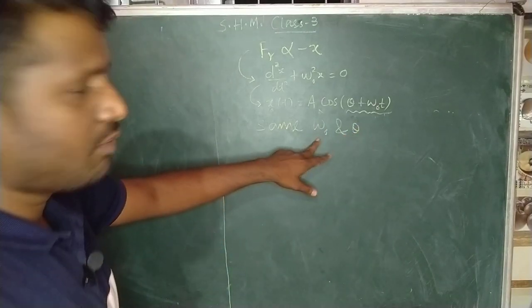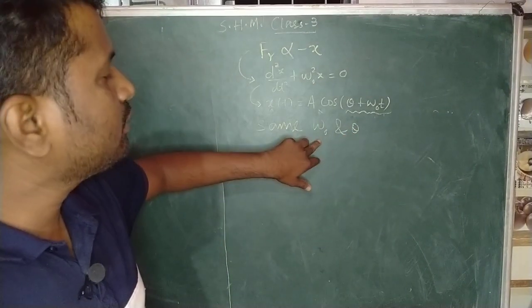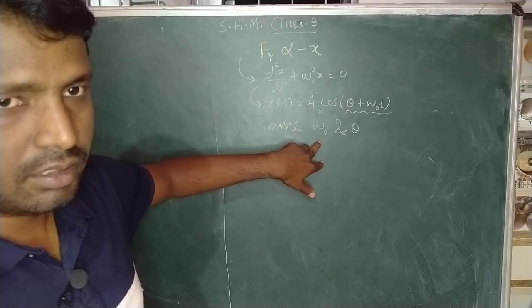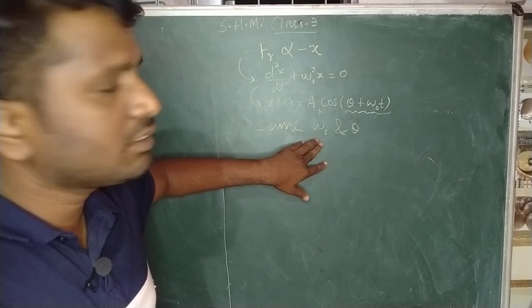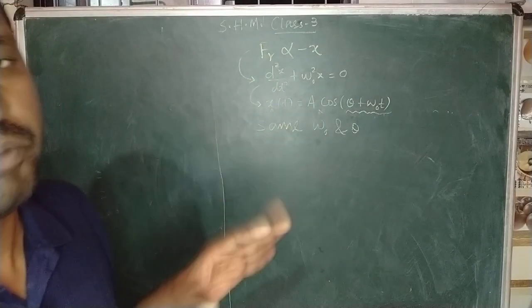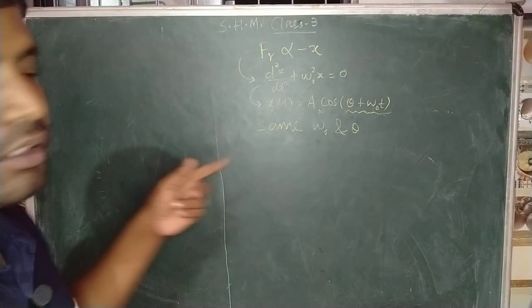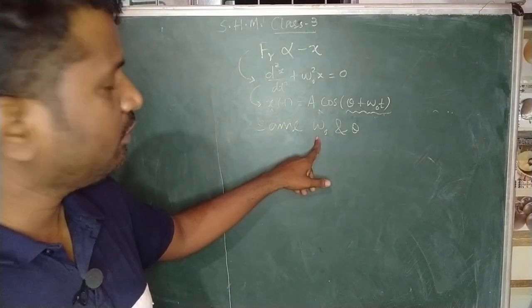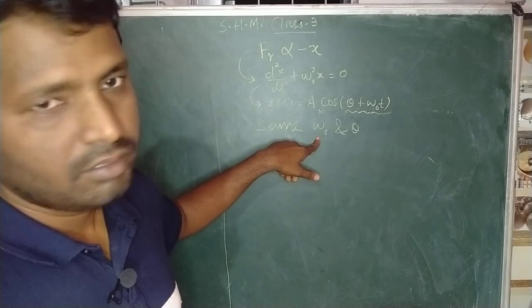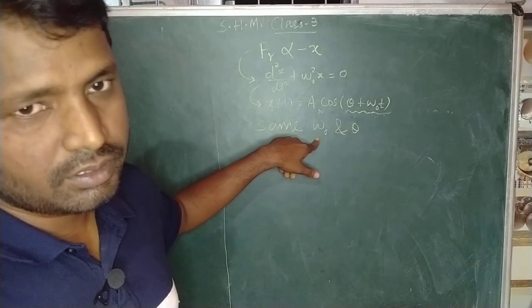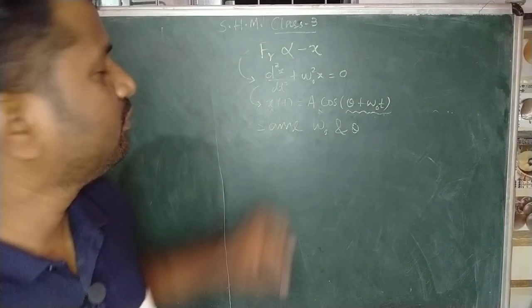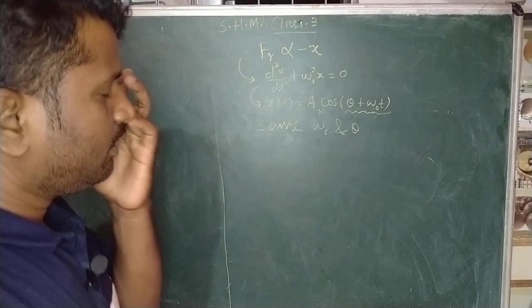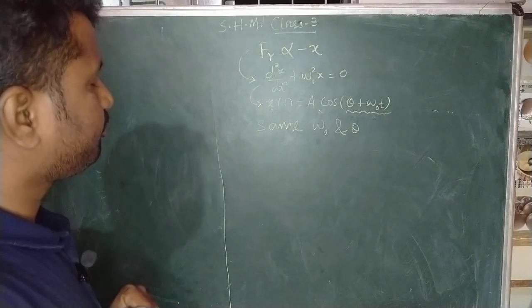Omega naught means, if you are confused and don't get a clear idea, then you should take it as time period. Omega naught is 2 pi by T, or 2 pi nu; you must have known this. It is actually angular frequency, but take it as time period so that you can understand it very well.